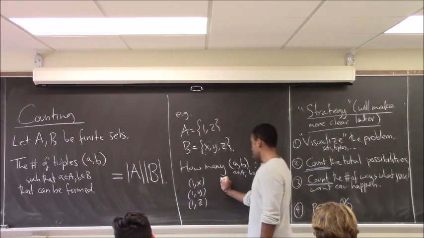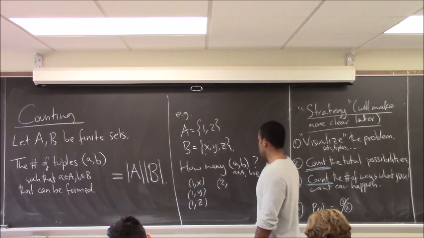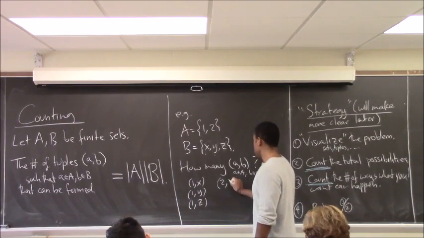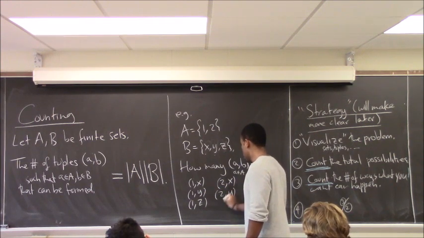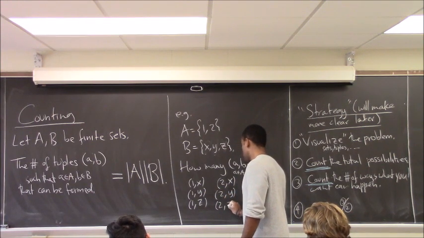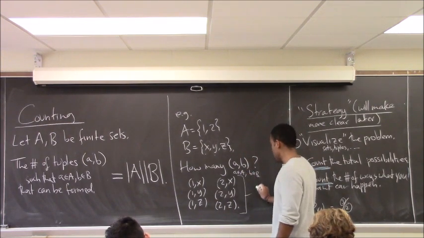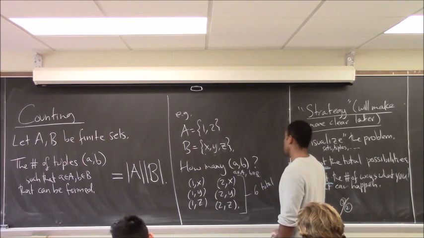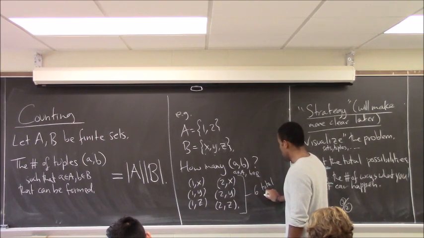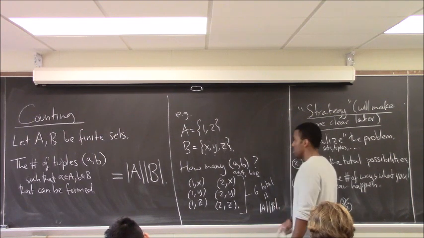But there's another possibility for the first position, right? It could be 2. And if the first position is 2, the second position could be an x, or it could be a y, or it could be a z. And that's all possibilities. Notice that there are 6 total possibilities. And I want you to notice that this is equal to the size of A times the size of B. It's 2 times 3.